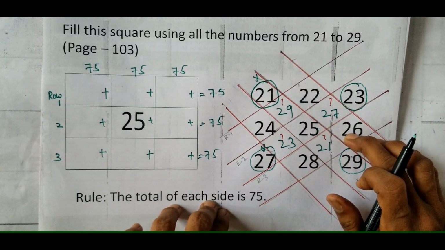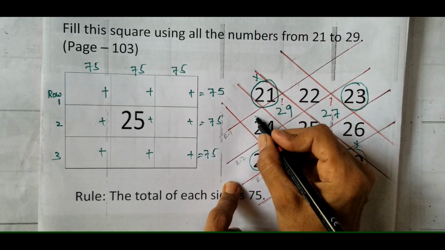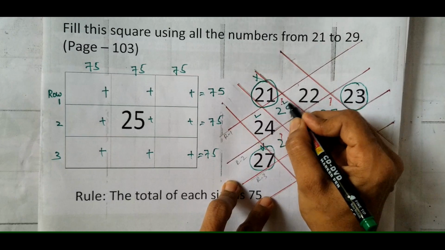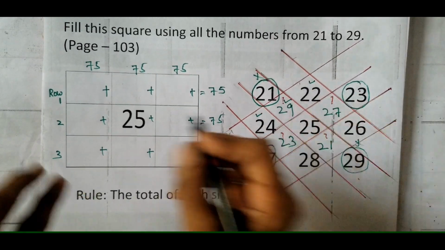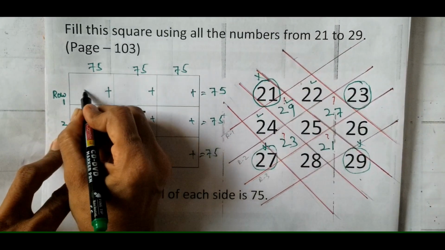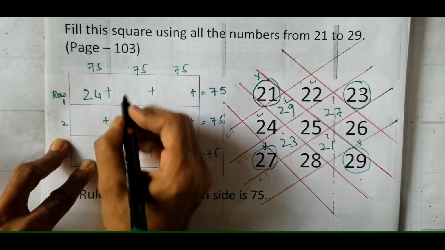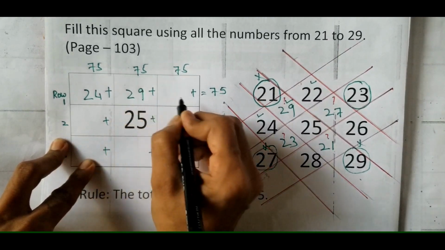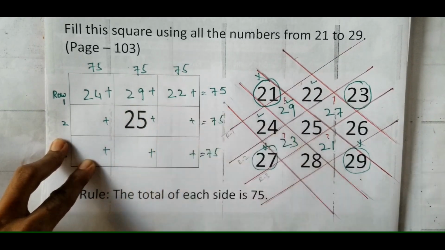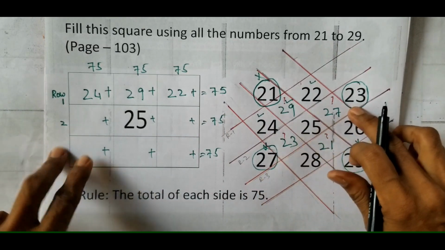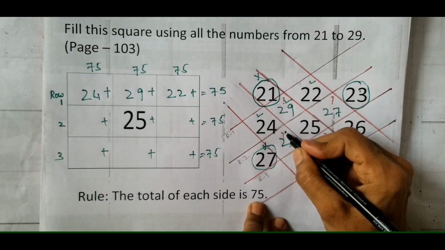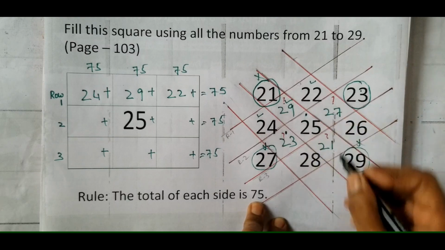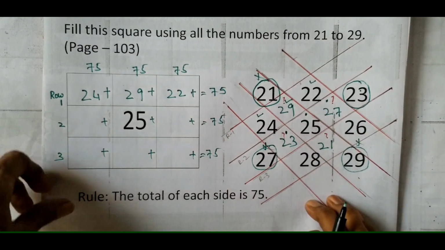So now row 1 will have 24, 29 and 22. The second row will have 23, 25 and 27.